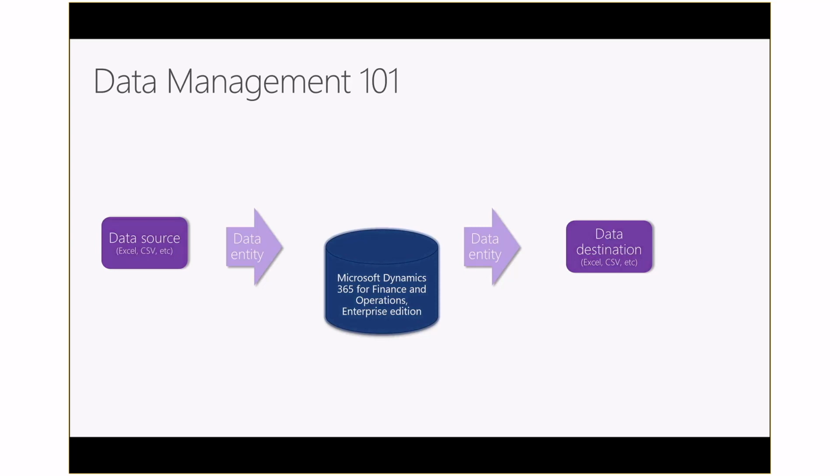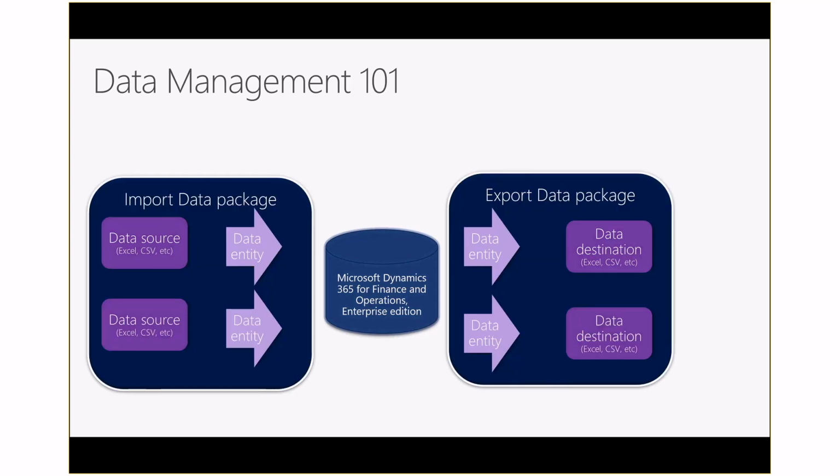You can then take multiple of these data entities and package them all together so that you can import lots of data. So if you want to import all of the accounts receivable data or all the accounts payable data, you can package that up, and it's called a data package. That data package would have a whole series of data entities in it that you would then use to either import or export information.